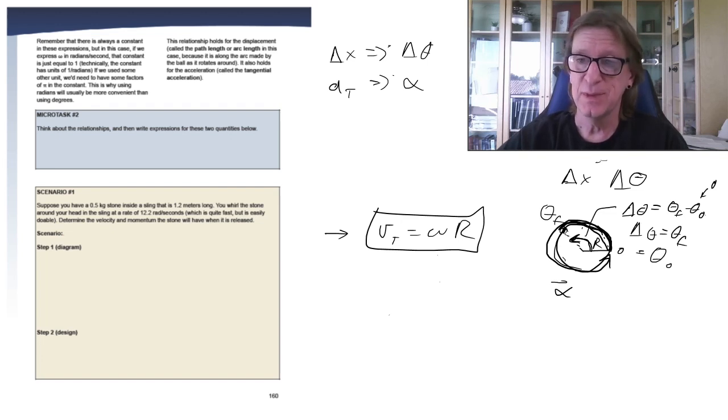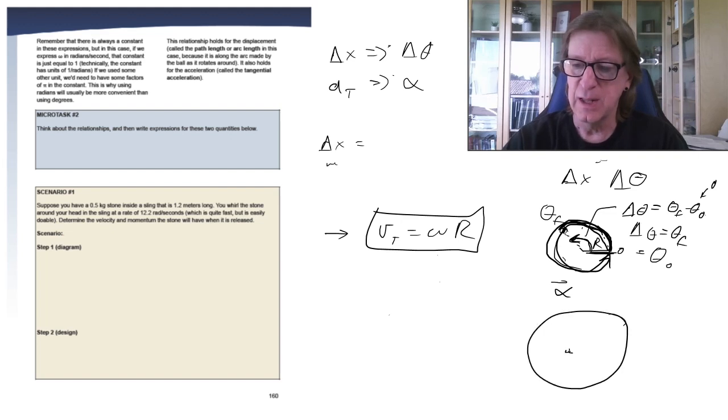Have you got it? Well, it turns out it's actually easier than you might think. I know that delta x has units of meters, and I know that the radius has to be involved in there. Because the longer the radius, let's take another circle here with a bigger radius, and I go the same angular displacement, so that's still delta theta, but do you see that I've traveled a much further distance?